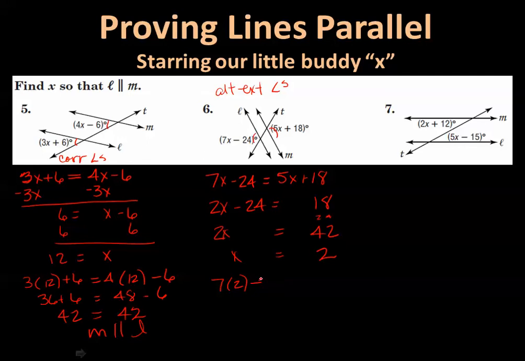Now I'm going to plug that in. So I have 14 minus 24 equals 10 plus 18. 14 minus 24 is going to give me... I'm sorry, I was just sitting there thinking. 14 minus 24 gives me a negative 10, and that gives me a 28, and I'm wondering if I did all my math correctly.